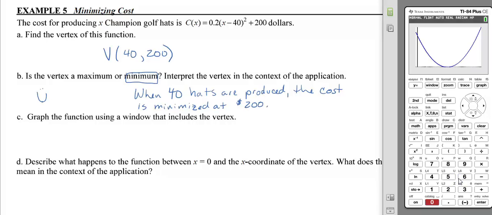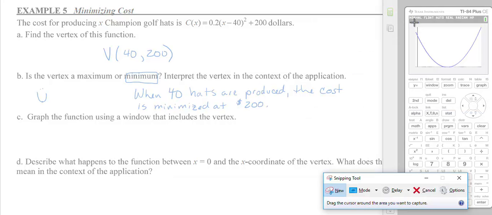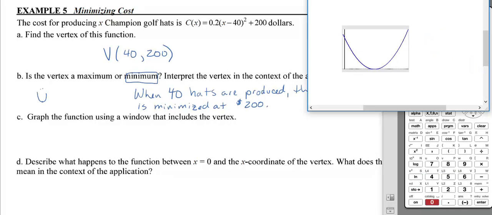And we do get a nice window with everything in it that we need. They want to know what happens to the function between x equals 0 and the x coordinate of the vertex. So let's save this graph for you.